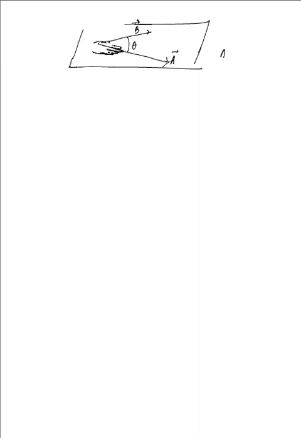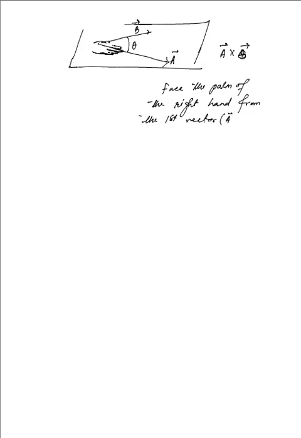So from A crossed with B, all I have to do is face the palm of the right hand from the first vector, here A, to the second vector, which is B in this case.